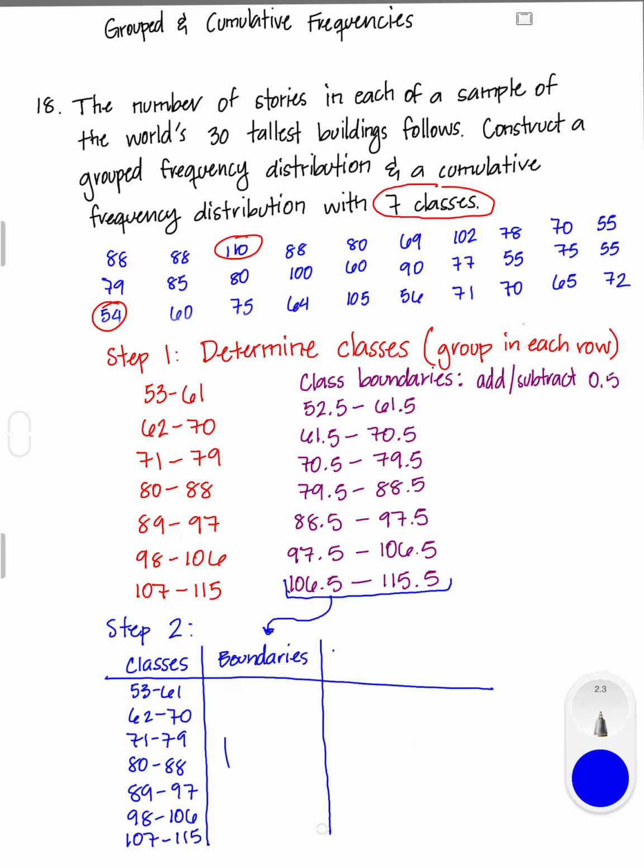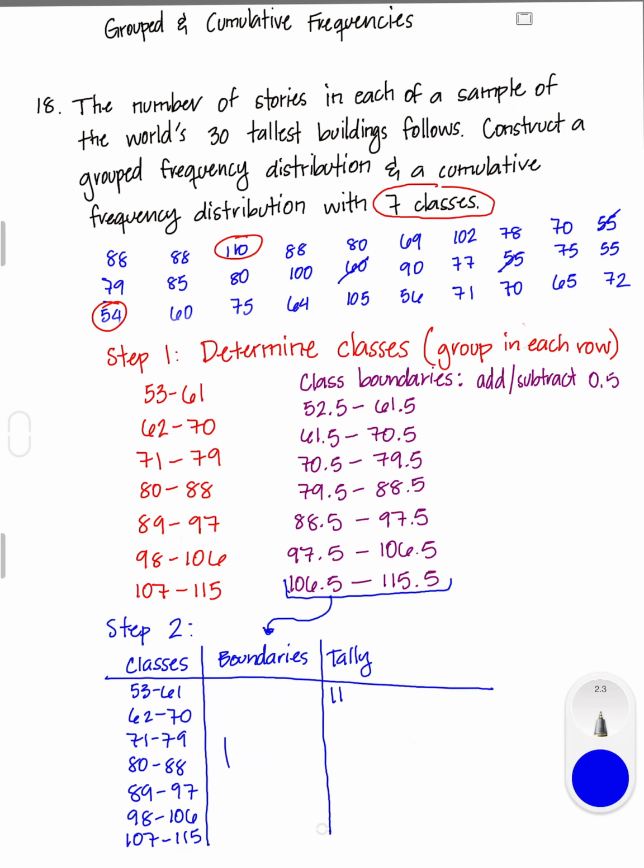And then we're going to count our tallies. So how many numbers do we have between 53 and 61? Let's see: 88, 88, 110, 88, 80, 69, 102, 78. We have 55, so there's 1. We have 60, that's 2.